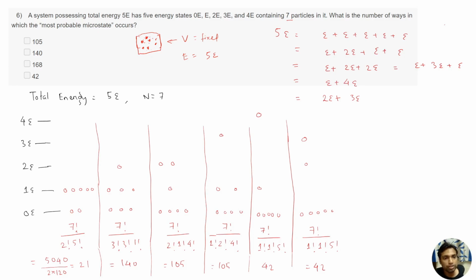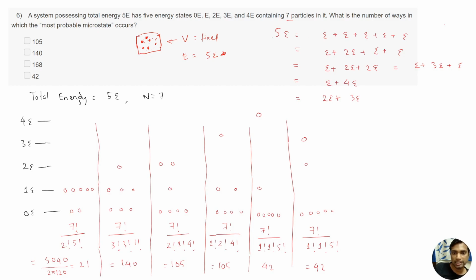So how do you find the most probable microstate? Here you have to find, corresponding to this, what the microstates are. How do you find that? So here is the trick. This is how you should go about it. If you are not understanding the physics behind it, you can think of it as an algorithm.